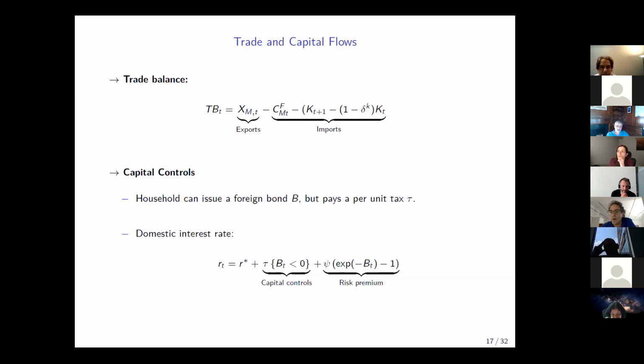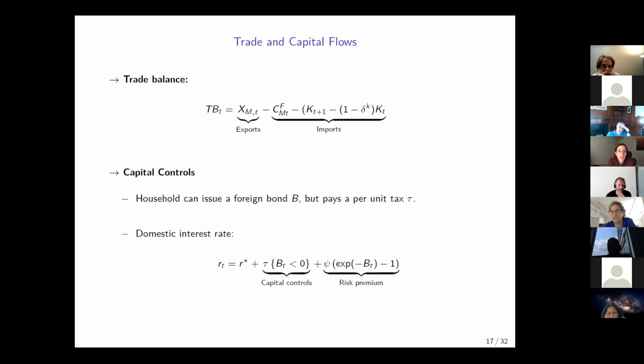Felipe, when you use the capital share, is it truly the capital share in value added, or is it the capital share plus the intermediate share in gross output? Liliana, when you estimated the production function, did you use the intermediates? We use value added, so we removed the intermediates. We estimated the elasticities of the production function using the value added.